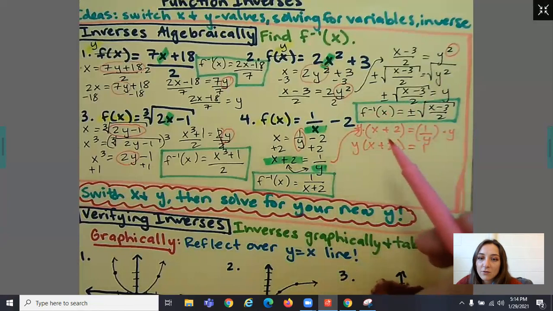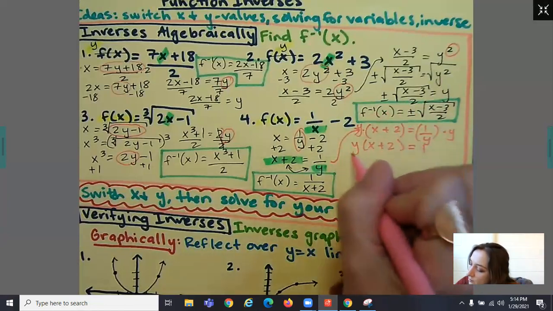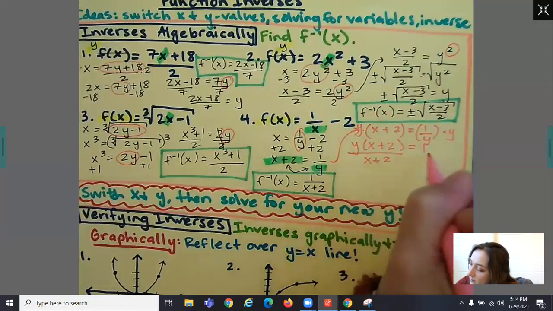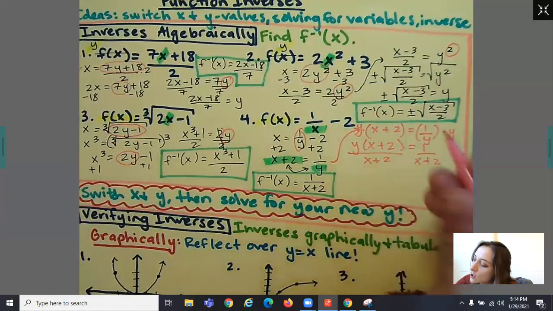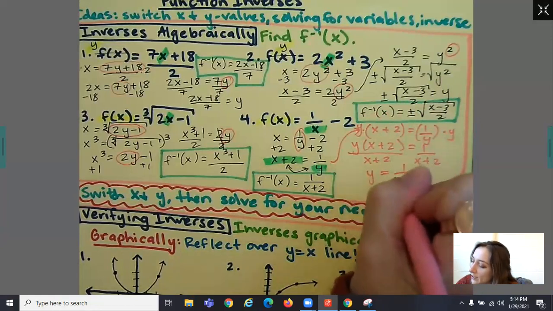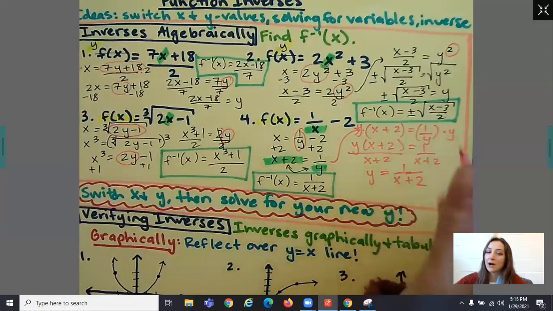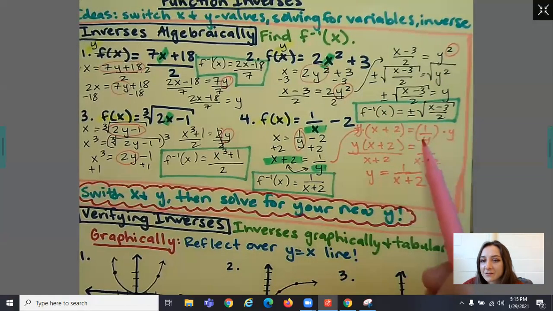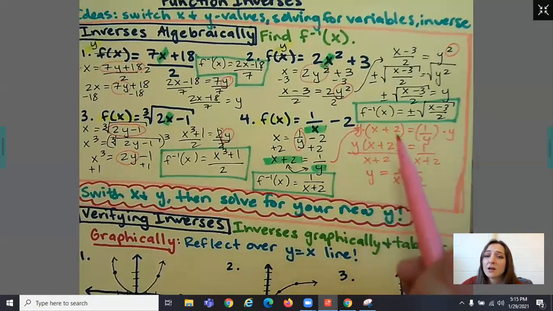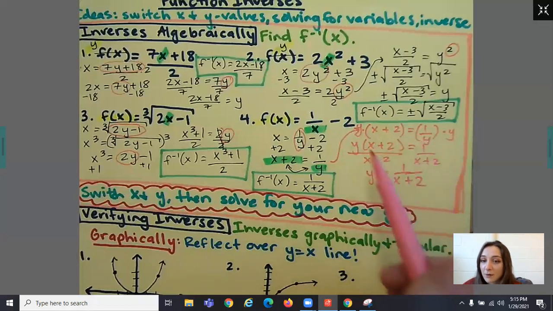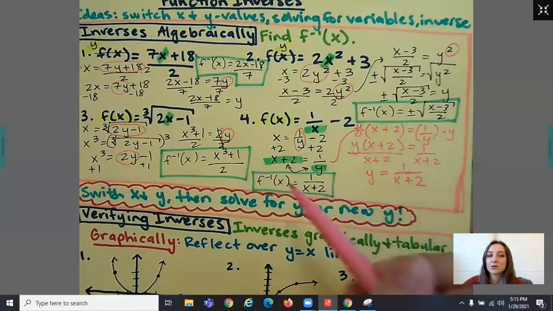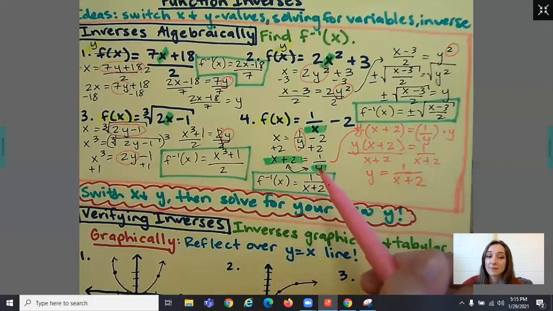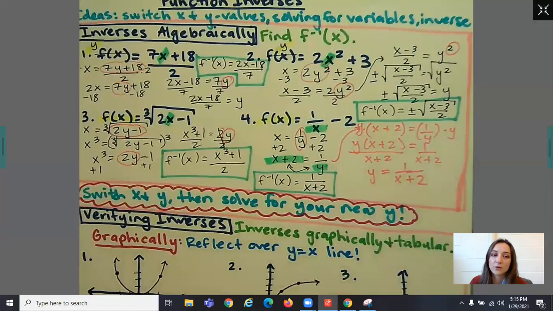Now, to get y by itself, y is being multiplied by x plus 2, so we'd have to divide both sides by x plus 2. So we would get y equals 1 over x plus 2. So this is why the trick works, because you literally just have to switch places. The y has to go over here, then the x plus 2 has to go over here in the denominator. So you can always take this little trick if you have something that you want to get by itself in the denominator, and it will always work.